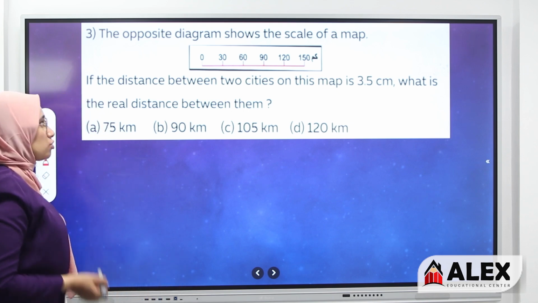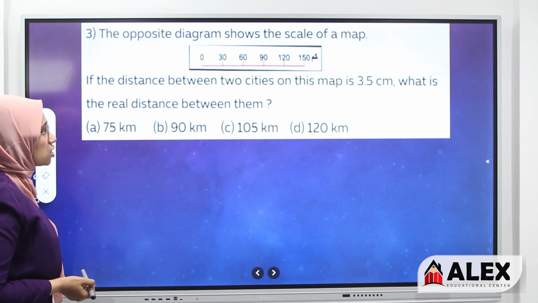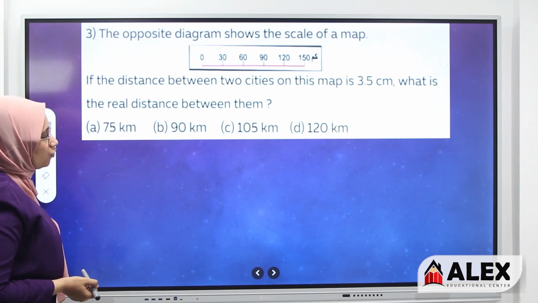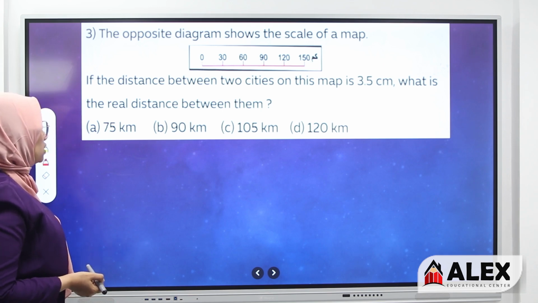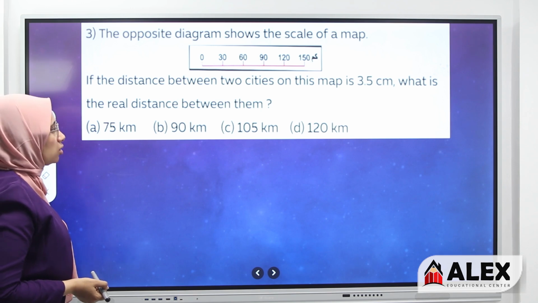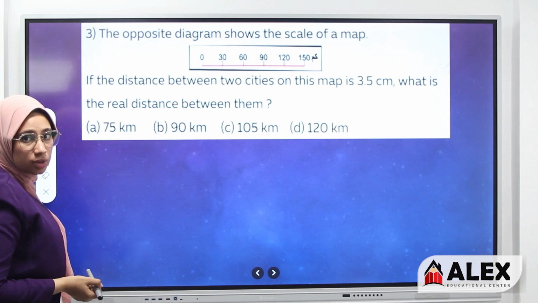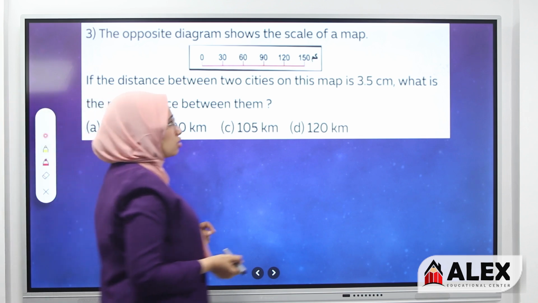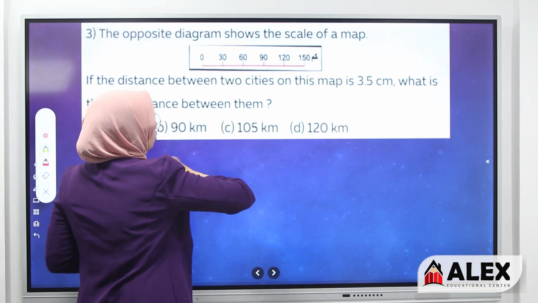The opposite diagram shows a scale of a map. If the distance between two cities on this map is 3.5 centimeters, what is the real distance between them? 75 kilometers, 90 kilometers, 105 kilometers, or 120 kilometers. Okay, first here 0 to what? To 30.